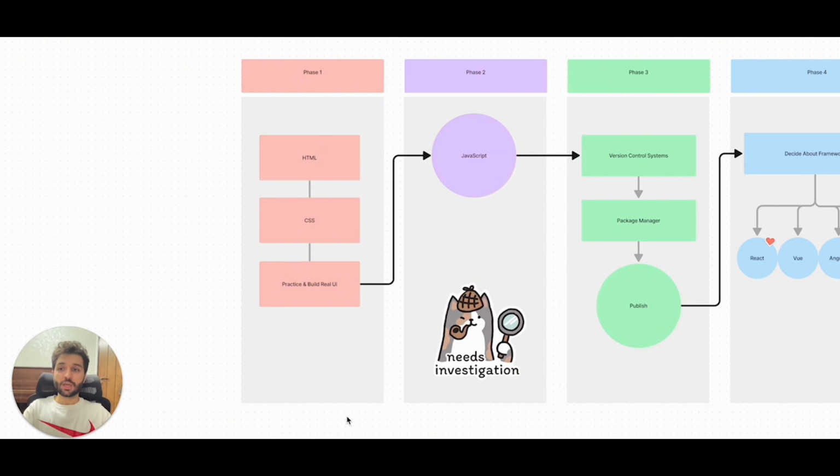After that, you can go through one of the important phases, phase 2, and learn JavaScript. It's very important. It's our programming language. In this programming language, you should learn about variables, if statements, for loops, and many things.